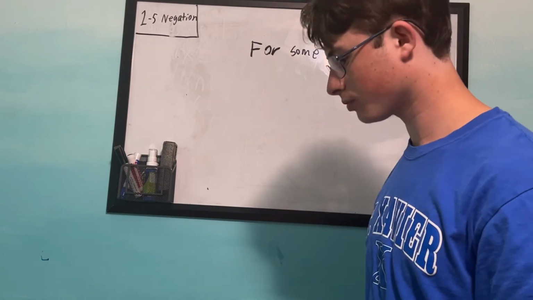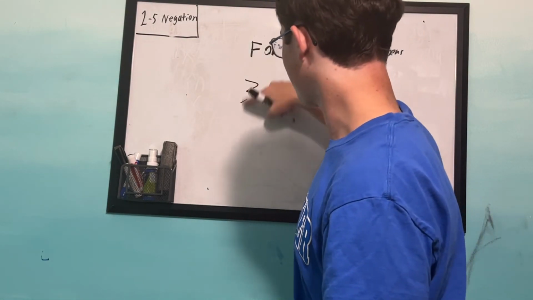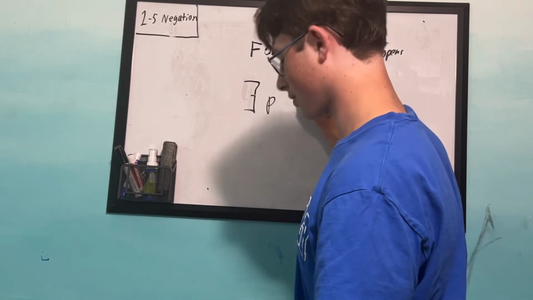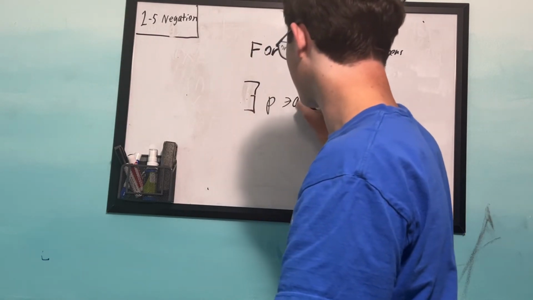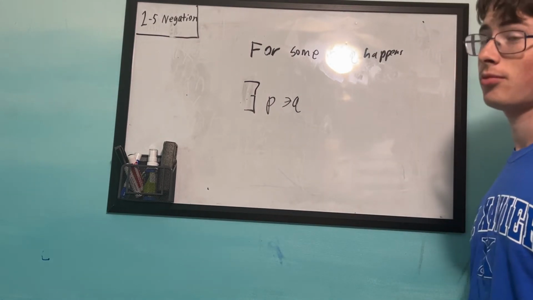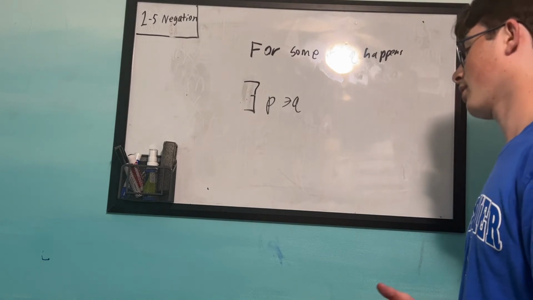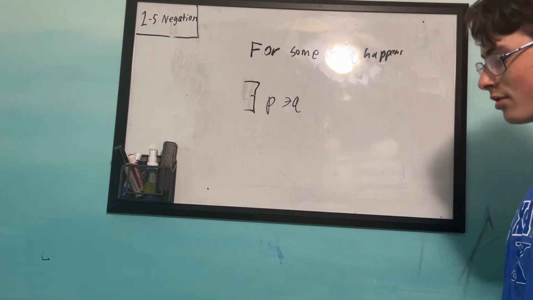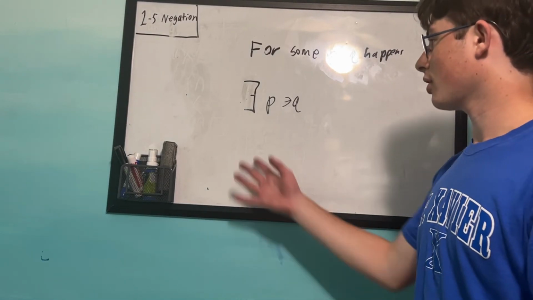For some, that's a terrible backwards E. For some P such that Q happens. This statement could also be really big. For some integer x, x plus 1 is greater than x squared, anything like that. Because, well, that statement is true for some of them, 0 and 1. But it can be this simple.